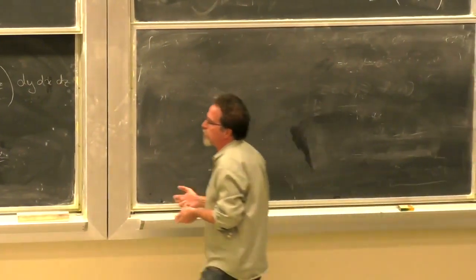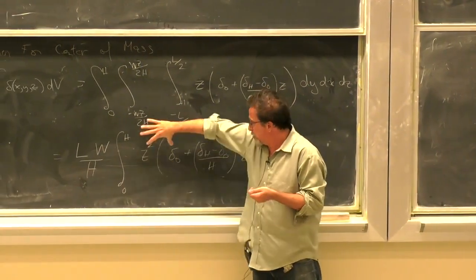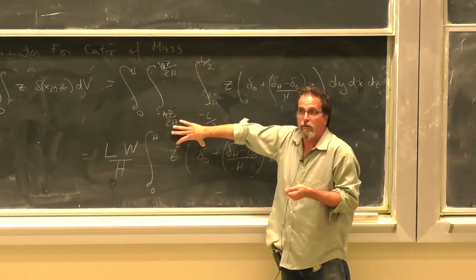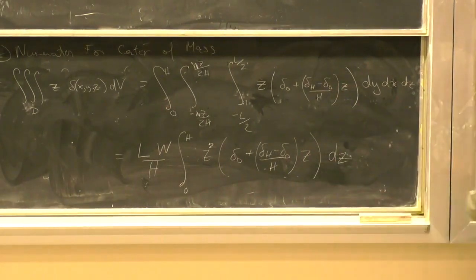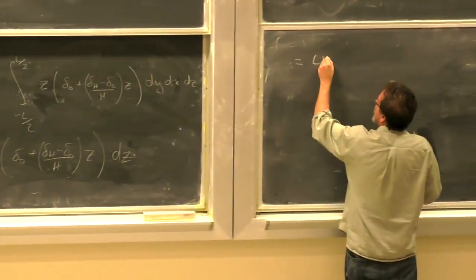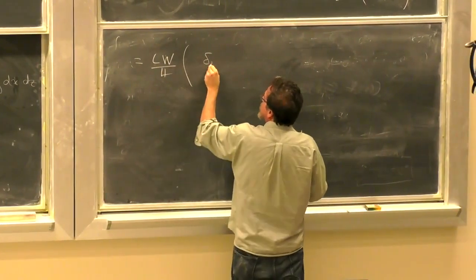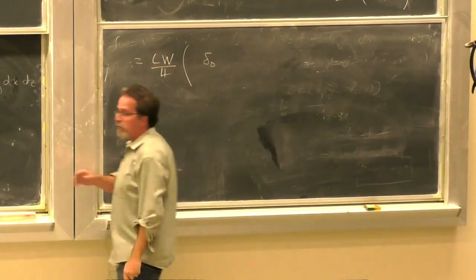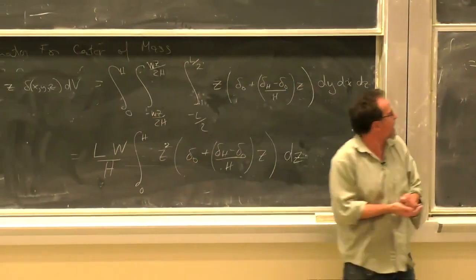These are easy integrals to do. I've chosen linear functions. This is the integral of z. The first term is the integral of z squared, which is z cubed over 3. So I have LW over h times delta 0, and this is going to be z cubed over 3 evaluated at h and 0, so that's just h cubed over 3.